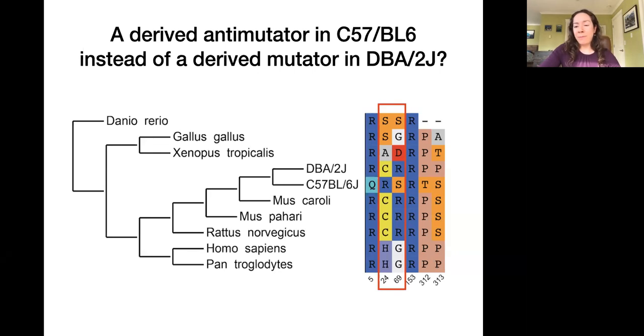So what we think is going on is the discovery of an anti-mutator, which provides support for this theoretical idea in the literature, that I'll go into a bit more later, that perhaps evolutionary pressure to optimize DNA repair enzymes is a bit limited.